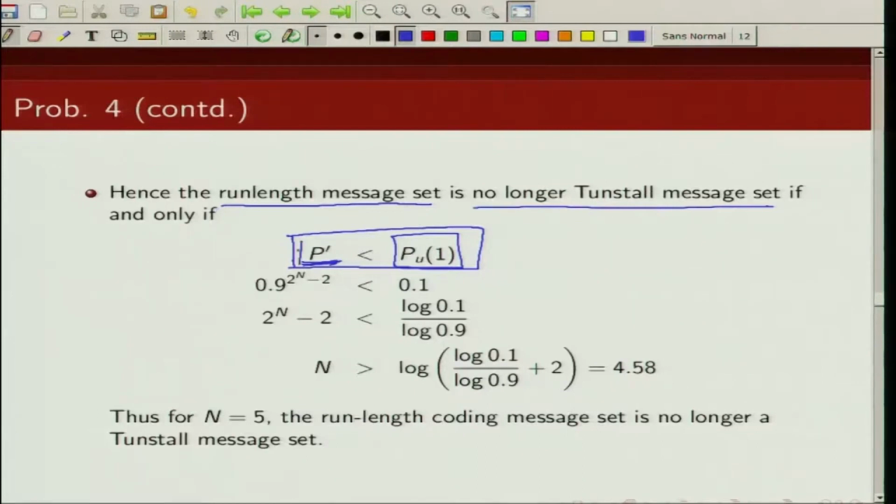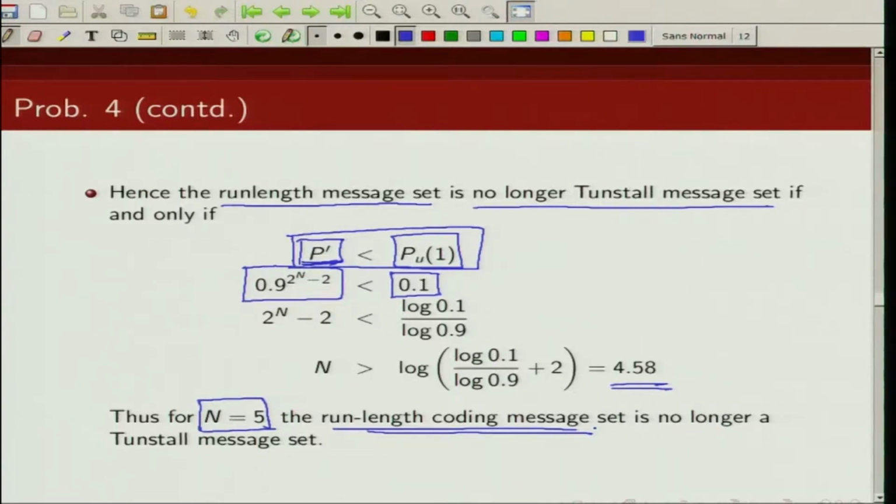And what is this intermediate probability? That intermediate probability is given by this, we have just calculated, and the probability of 1 is given by this. So, after simplification what we get is n should be greater than this. That means if n is greater than 5, then run length coding is no longer going to be a Tunstall message set.